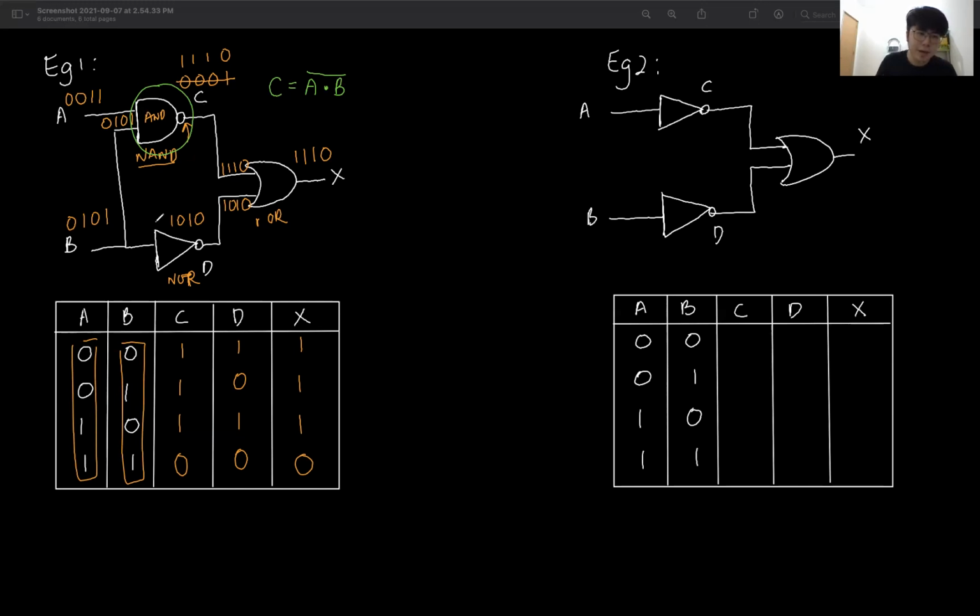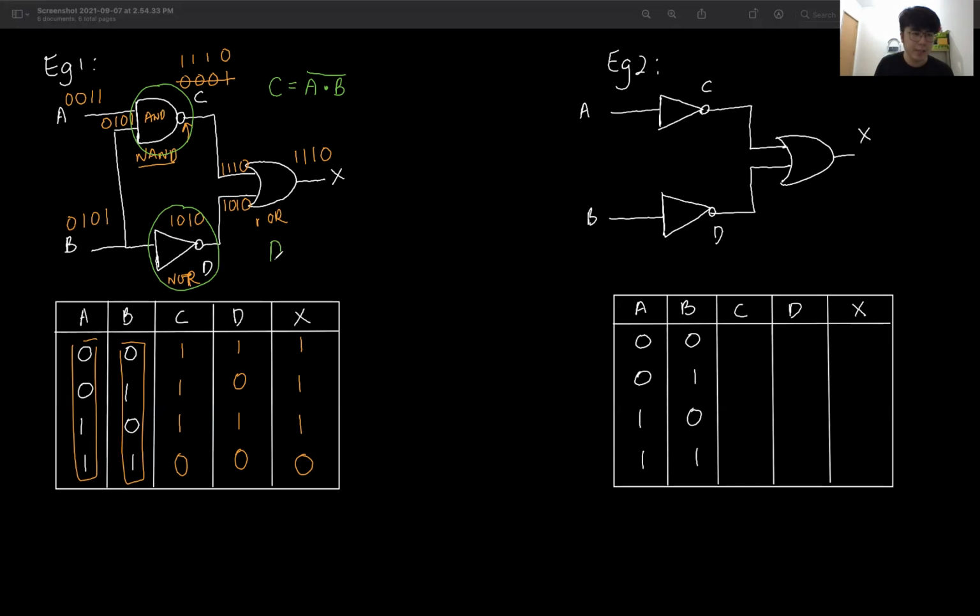Now, how about this one? I will pause for 5 seconds because I see lagging. Okay, let's continue. Now, if I want to write the Boolean expression at this part, this is a NOT gate.